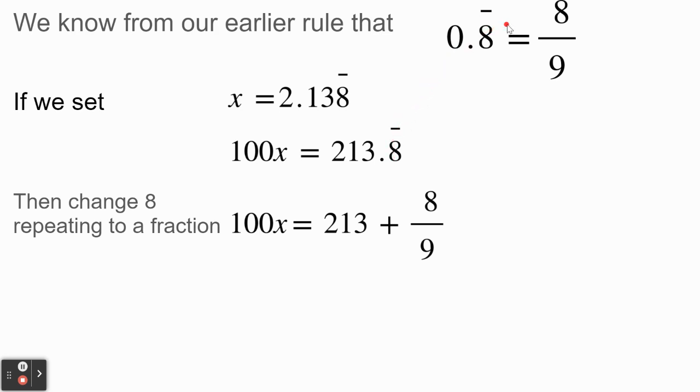And I know, if I went back to my last rule, 0.8 repeating is 8 over 9. So this is actually 213 plus 8 over 9. Okay. Now I can make 213 into a fraction and add it to 8 ninths.